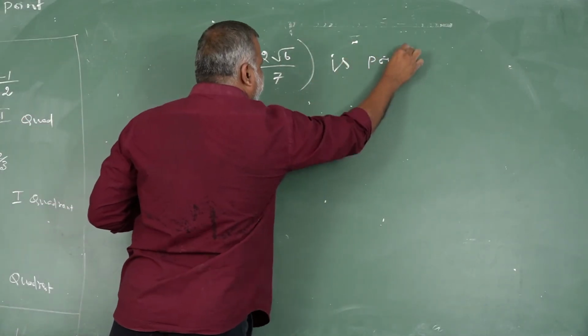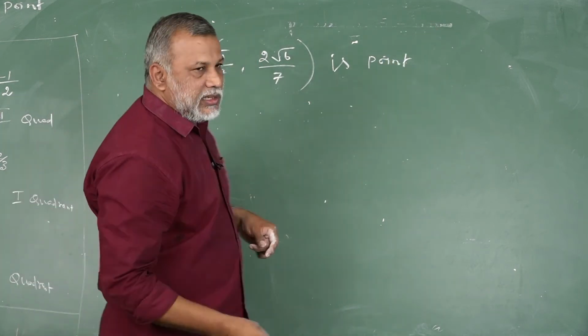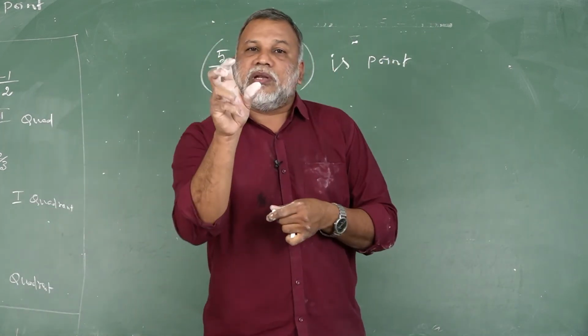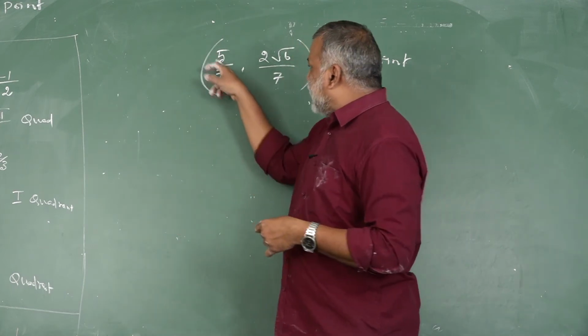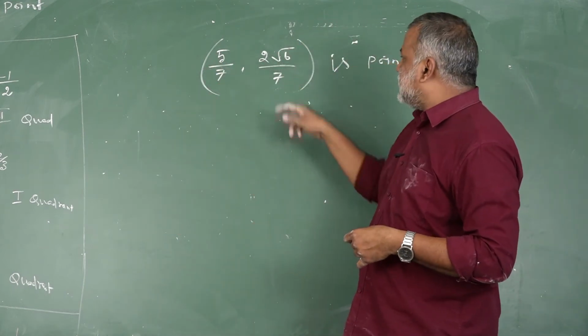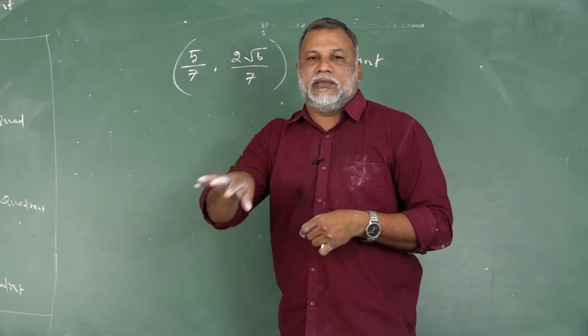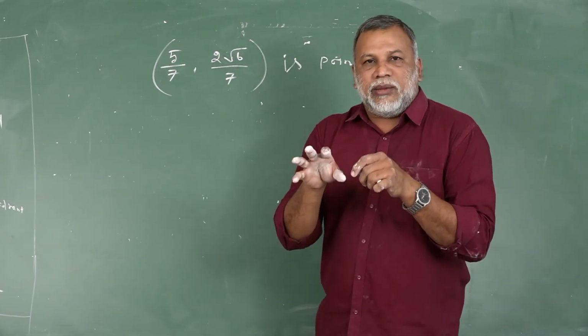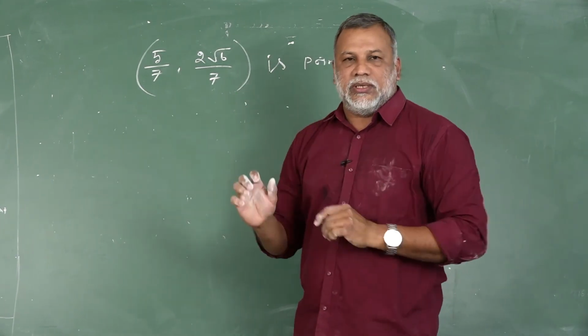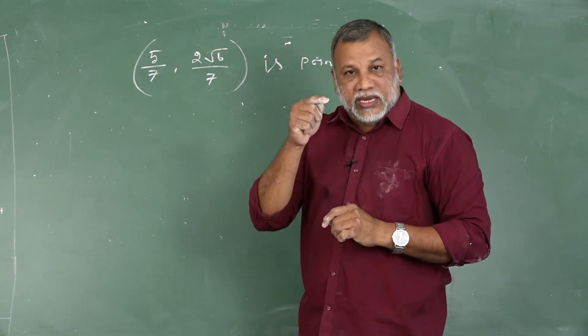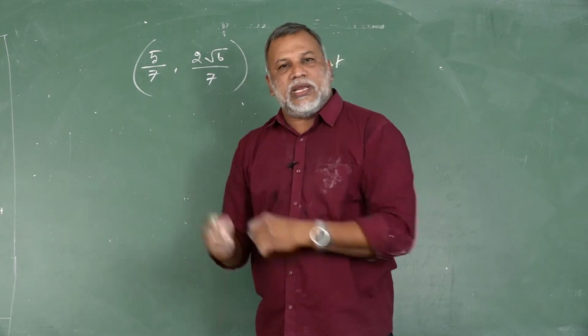Now instead of sin theta, cos theta, tan theta, they are giving it in the form of a point. See, 5 by 7, 2 root 6 by 7 is a point on the terminal side in the standard position. Then find all 6 trigonometrical ratios.